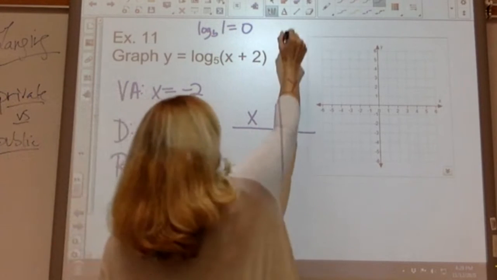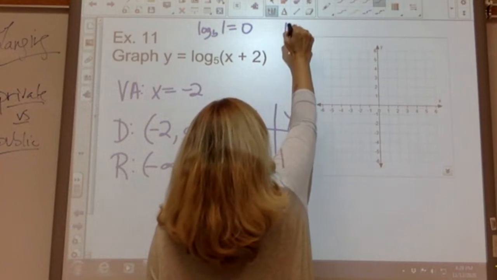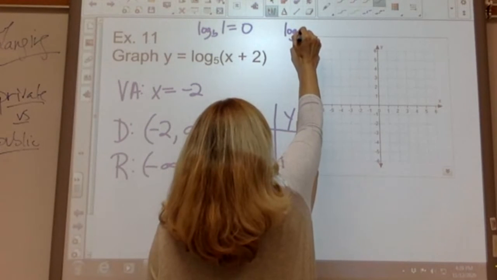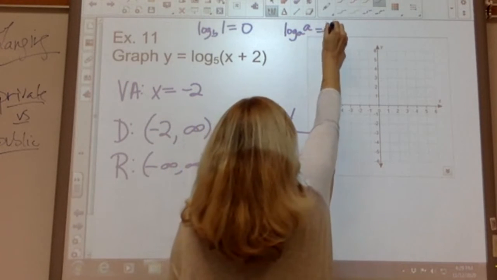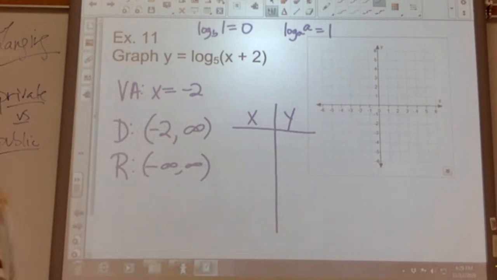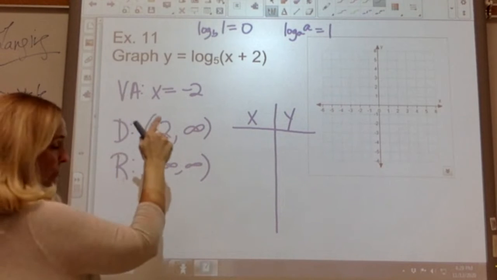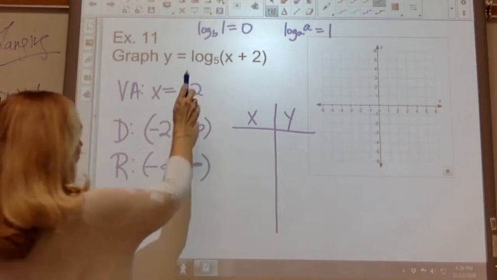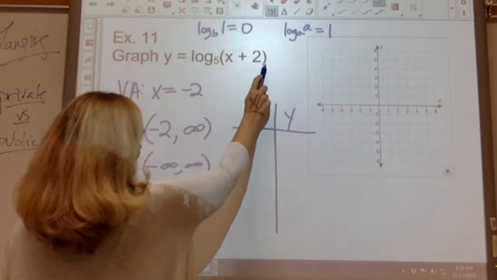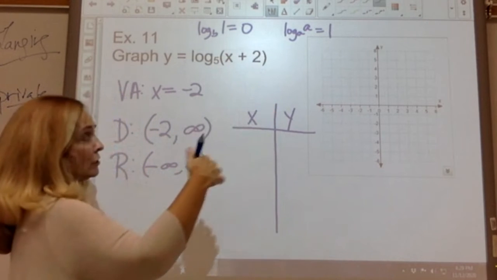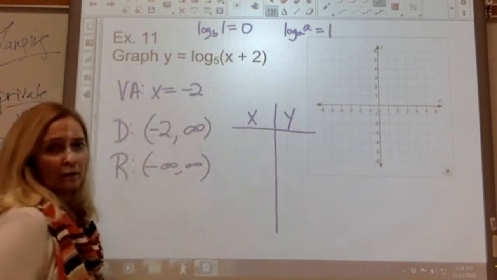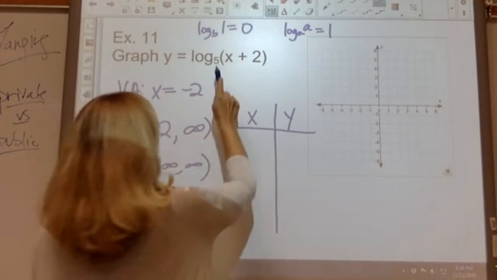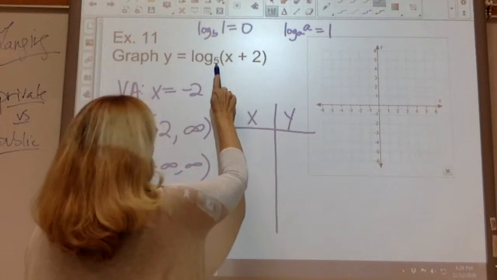And then we know when we have a log where the number here for the base is the same as the number here, then the answer is 1. Okay, so I'm going to graph this, and I'm going to be careful in how I choose my x values so that I can use these 2 facts, what I know about logs.